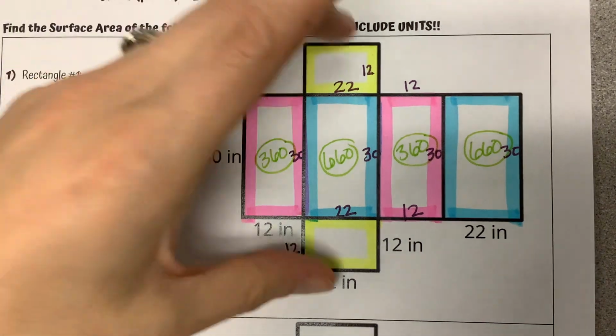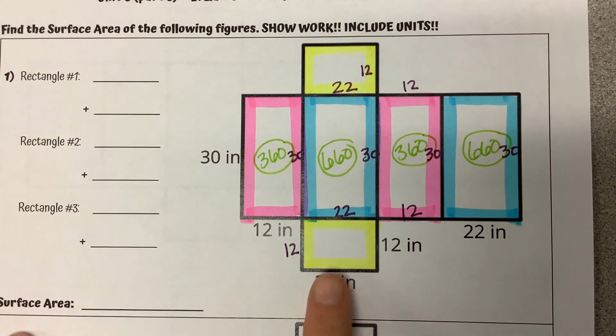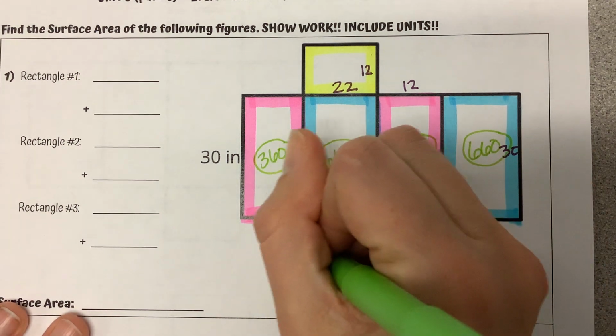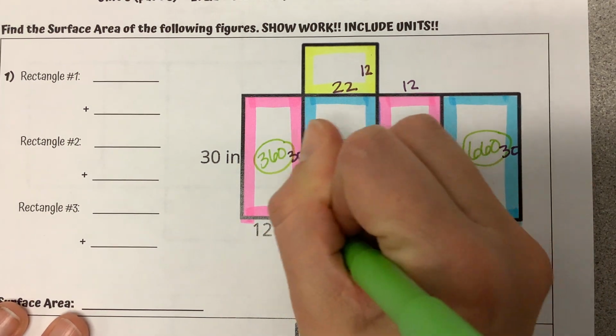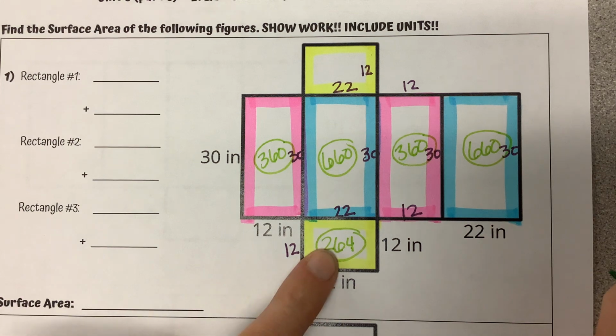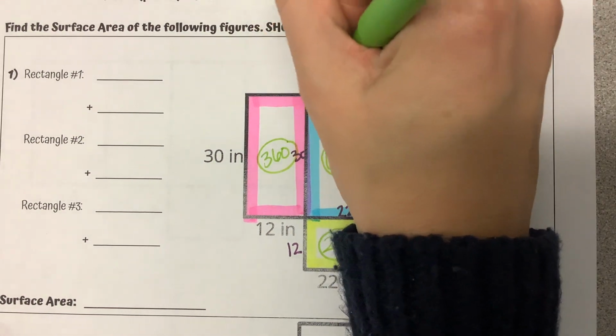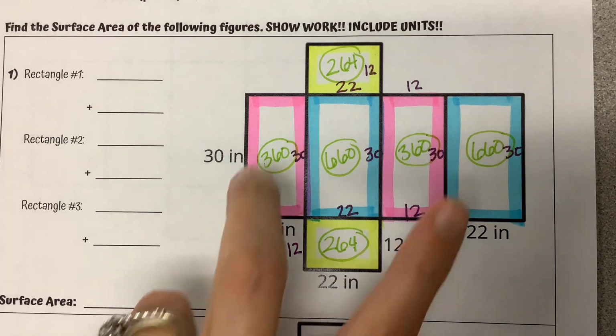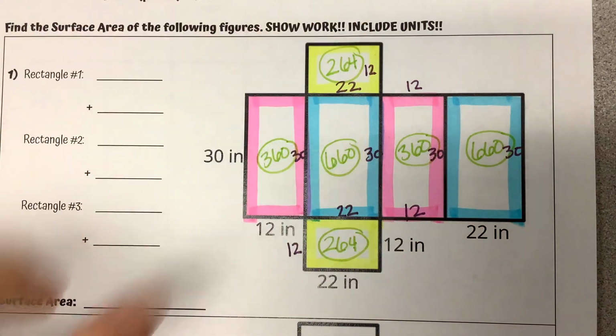And then finally, our two bases on the top and bottom. The base is 22, the height is 12. I multiply those together, I get 264. If my bottom base is 264, my top base is 264. So as I'm double checking, I should have 3 sets of rectangles. Set 1, set 2, set 3.